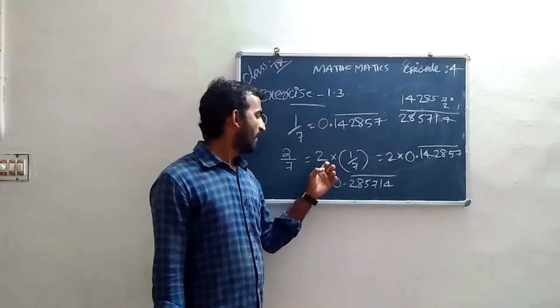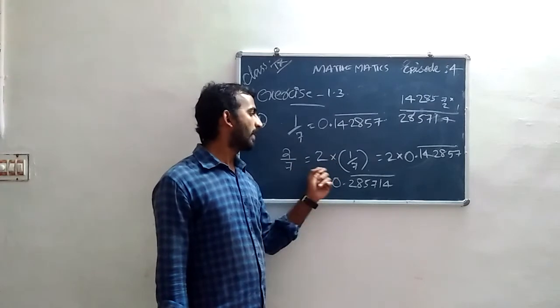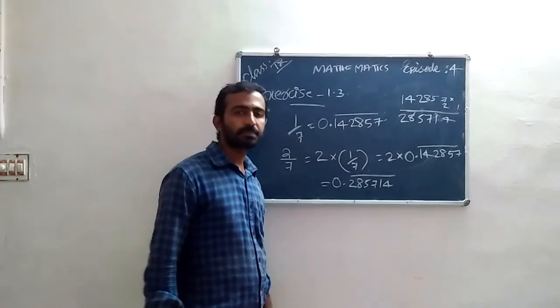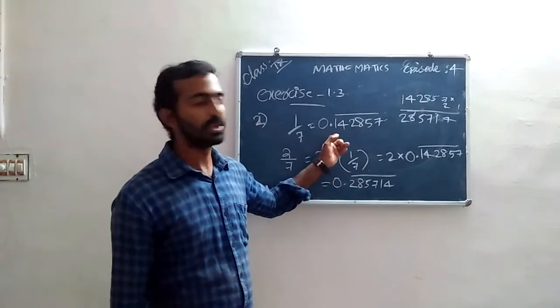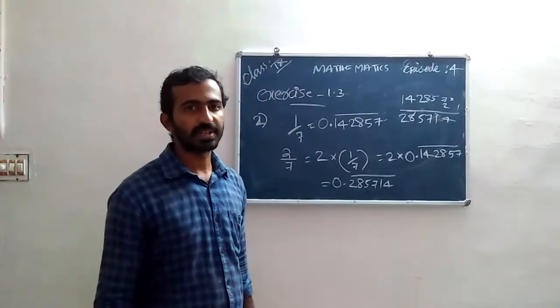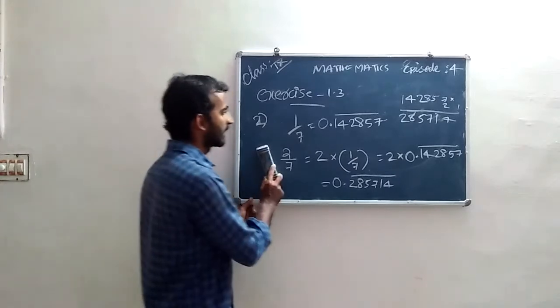What we do is take 2 as common, that is 2 into 1 by 7, and we know the value of 1 by 7.